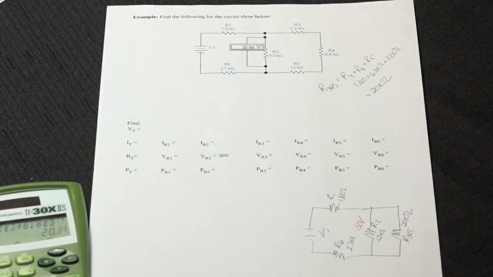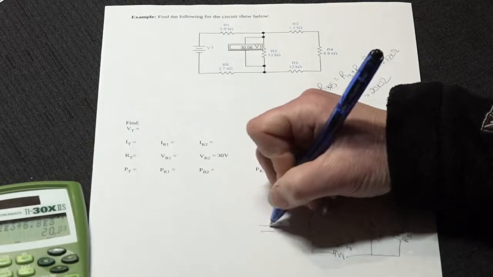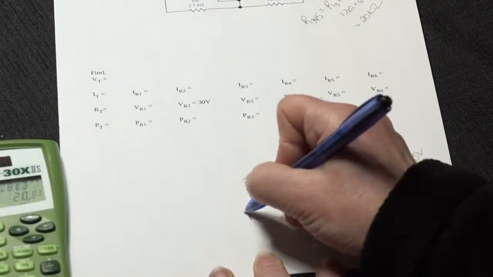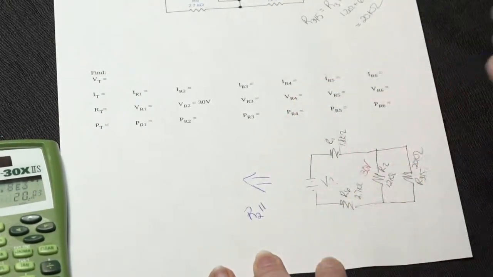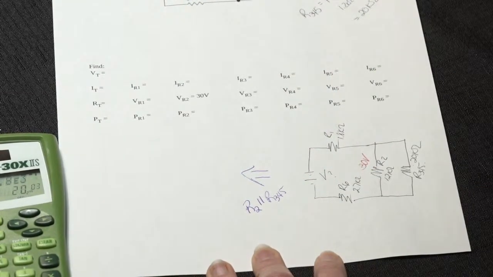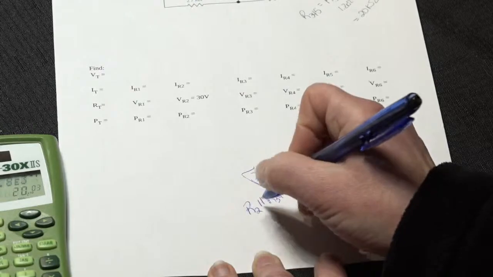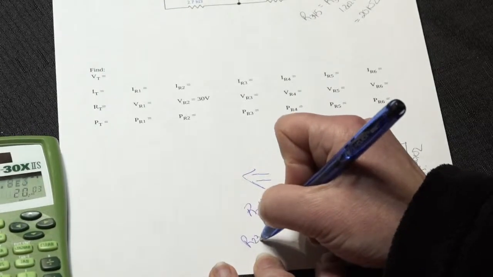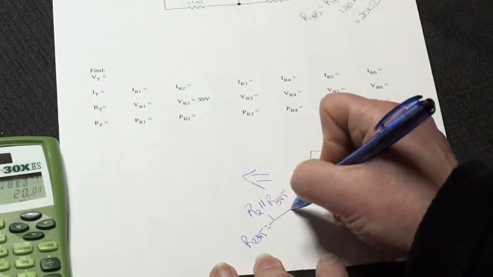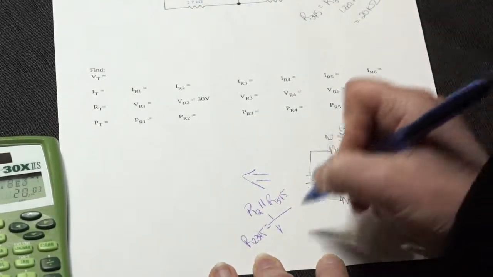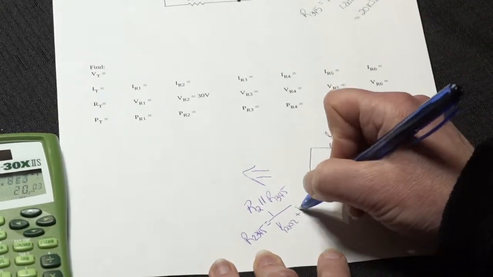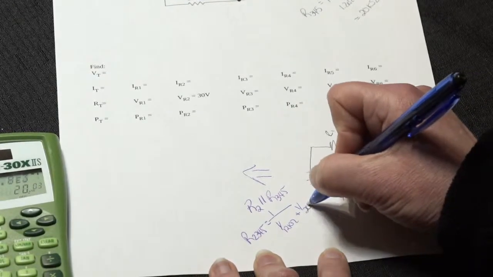So if we go to our next stage, R2 is in parallel with the R345 combination, and so the R2345 combination is going to be 1 over 12K ohms plus 1 over 20K ohms.